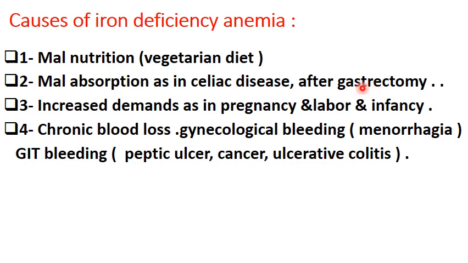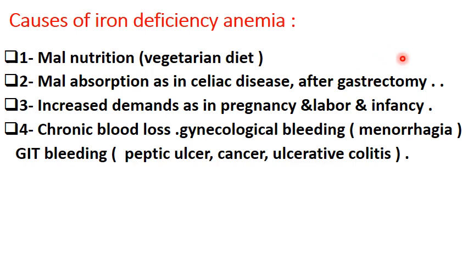gastrectomy. Nowadays, this is one of the morbidities or hazards that happen after gastrectomy, a plastic surgery done by hundreds and thousands of the population, especially obese patients, in order to reduce their weight.